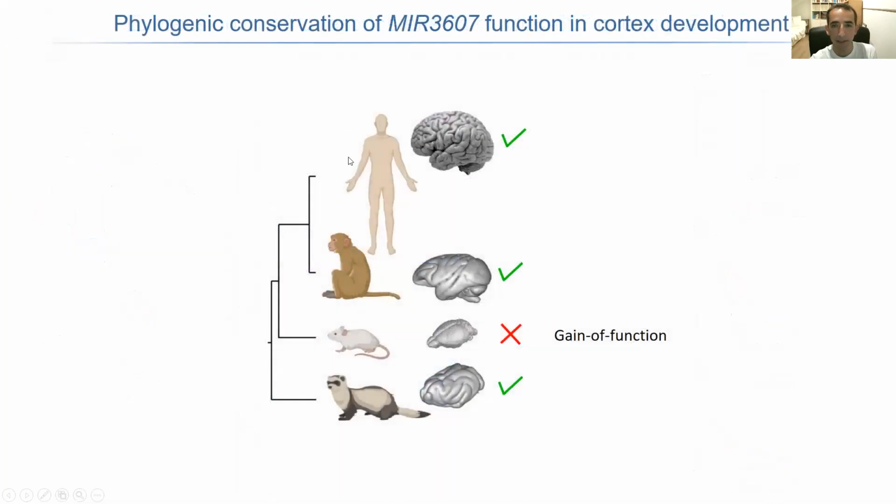Now, as I mentioned in the beginning, this microRNA is naturally not expressed in rodents, but it is expressed in these other species. Now we have seen what happens when we express this microRNA in a mouse, but we wanted obviously to understand what is the endogenous function of this miR3607. So we turned to perform experiments in our other preferred animal model in the lab, ferrets, where since it is expressed in the developing ferret cortex, there we generated loss of function experiments.